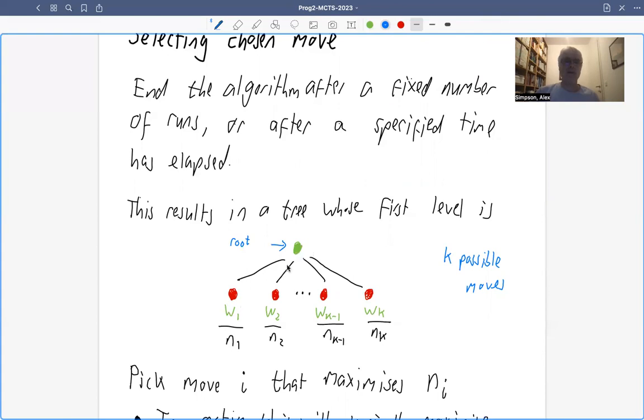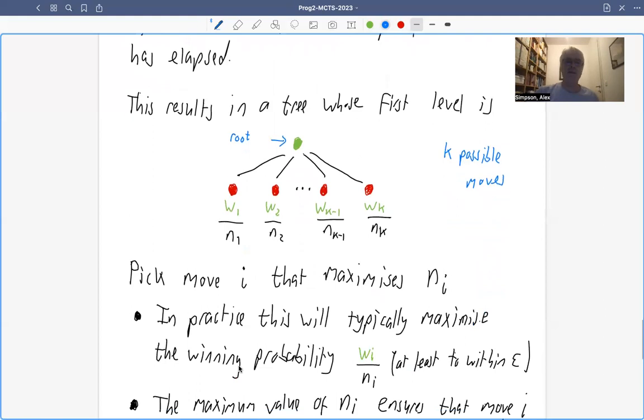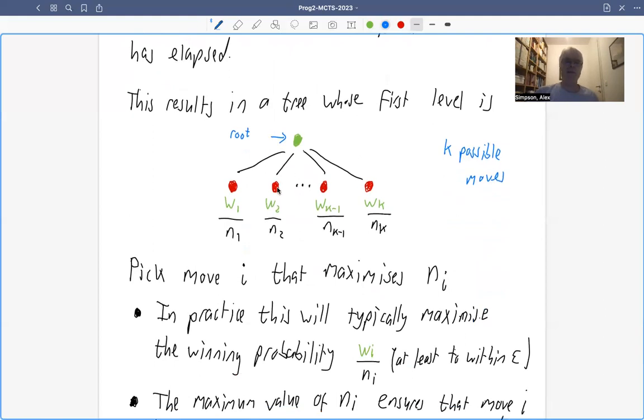One thing you might want to do is just maximize the winning probability. But actually, the recommended thing to do is simply maximize the number of visits. So you pick the i that maximizes the node's N, so you pick the child that has been visited the most often.